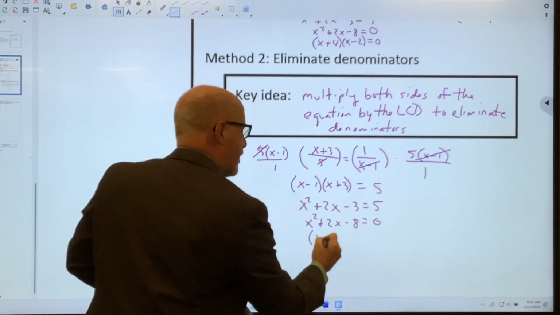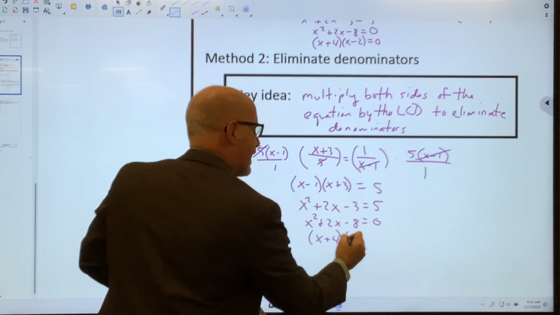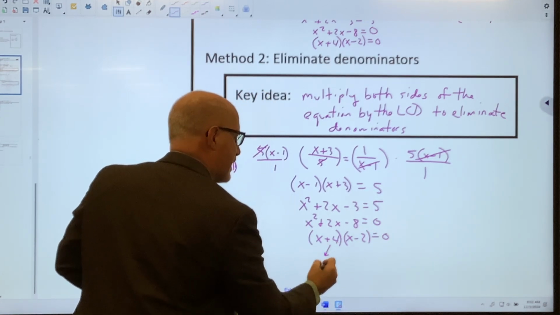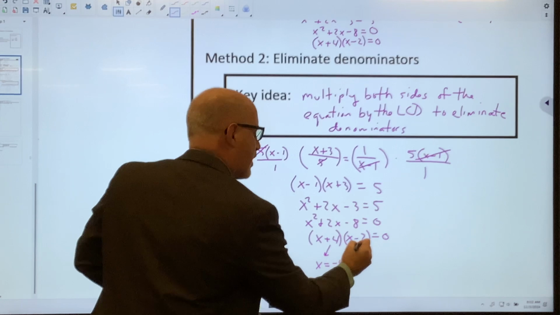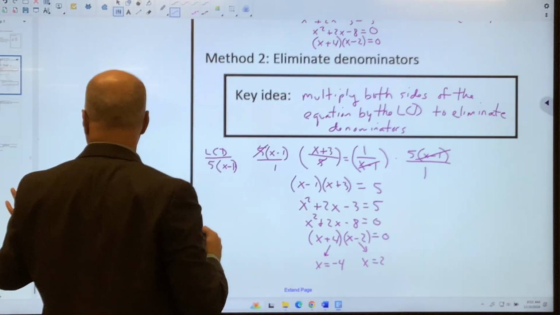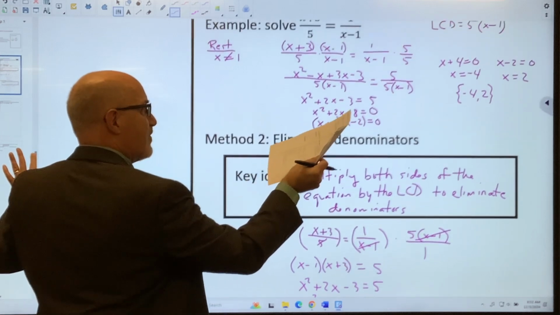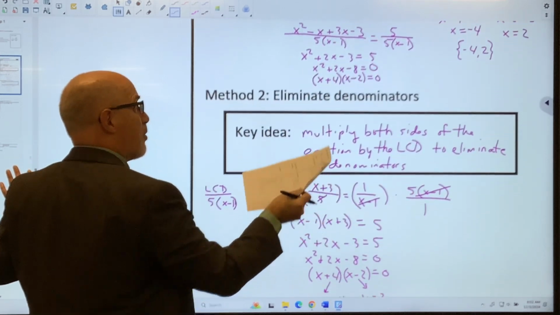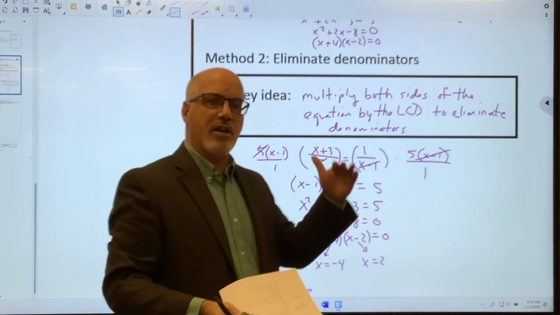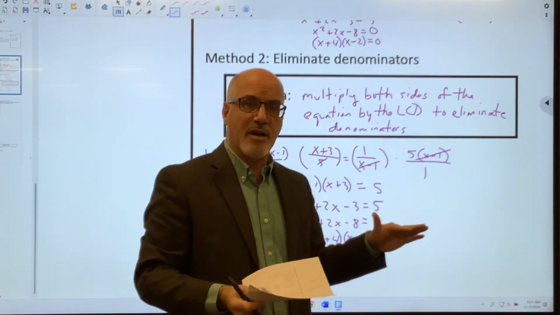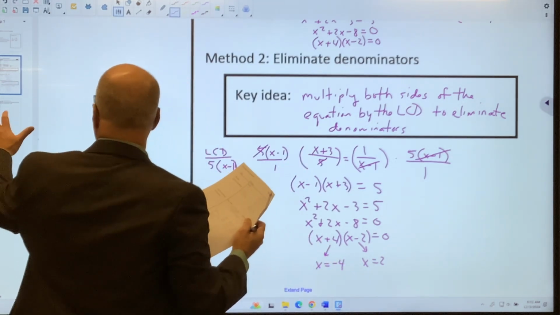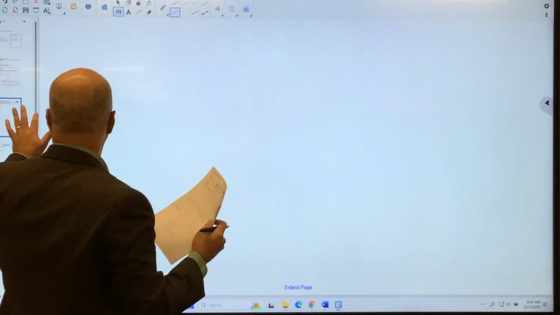And then factor x plus 4, x minus 2 equals 0. And then when I solve these two, this is going to give me the x equals negative 4. This is going to give me the x equals 2, which is the same as what we did up here. The work looks very similar. It's just that we get to this step quicker by multiplying by the least common denominator on both sides to eliminate the denominators. So this will probably be the technique that most of you will use to solve your equation.